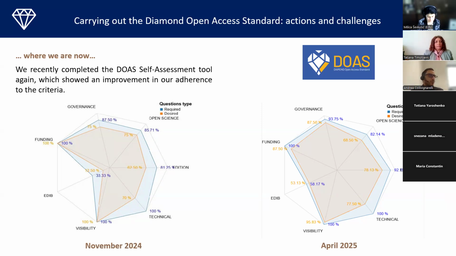And well, we made an improvement in the EDIB section, and some of the other results are, for example, the Open Science one is a bit less now than the previous one, because we maybe comprehended much better the complexity of those questions. So not only have an open access status, but have more identifiers, etc.